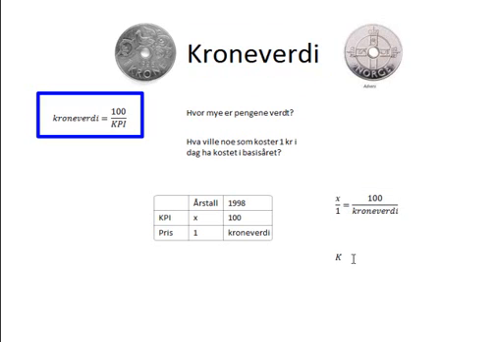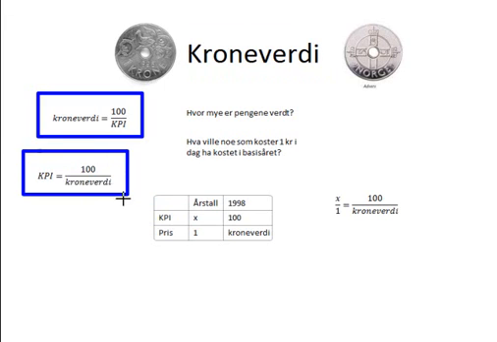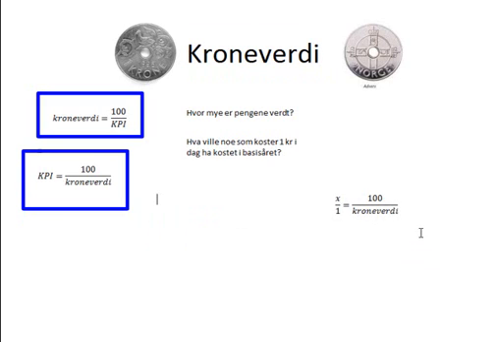Consumer price index equals 100 divided by kroneverdi. So this is the second formula that we are going to use. So I'll keep that one as well for later use, and I'll just make a frame around it like that. Now let's remove the other text because I'm going to make a couple of examples. So just clean up so we have a place for that.